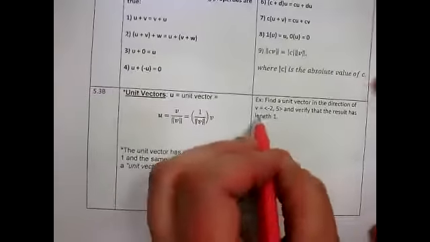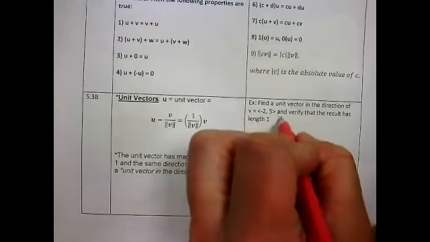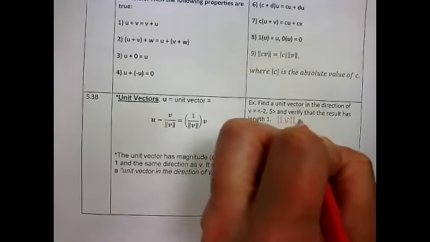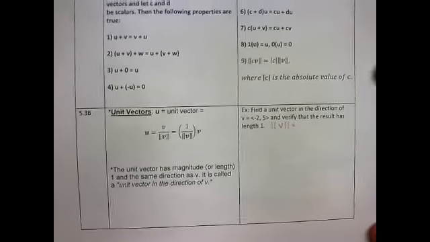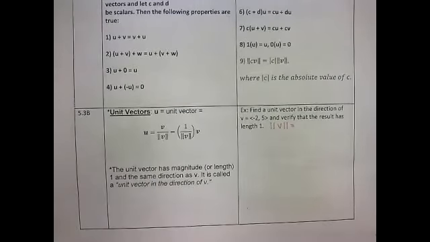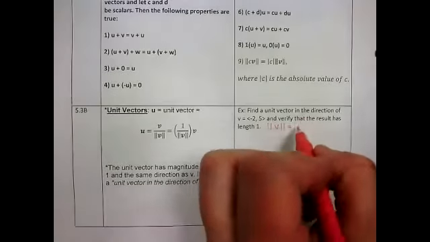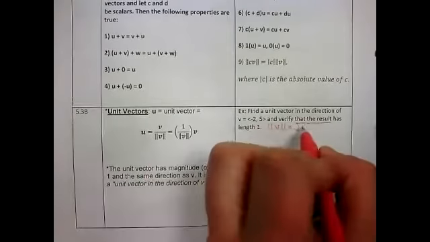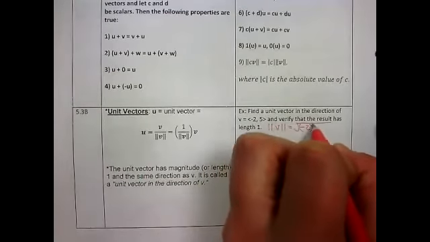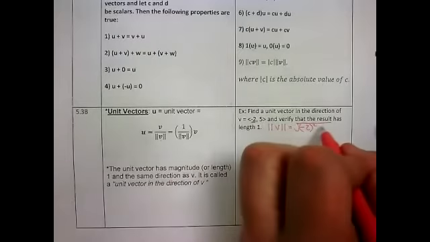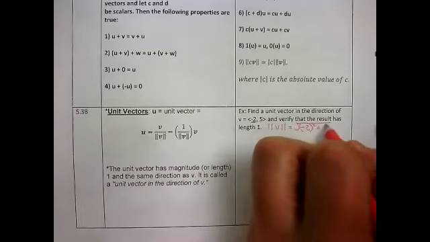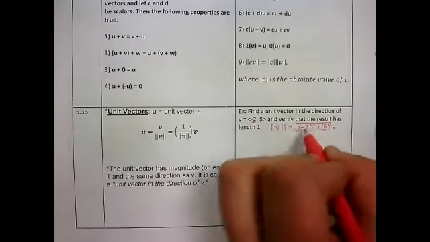The first thing that I always do on these is find the vector if I'm given 2 points first. Then the next thing I'm going to do is find the magnitude. The magnitude, remember, is the square root of my x component squared plus my y component squared.